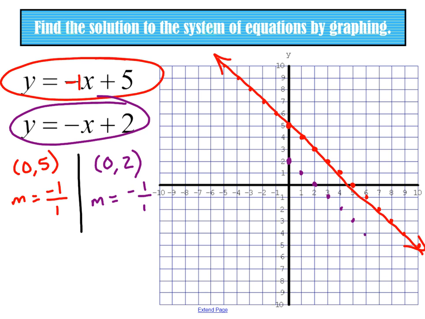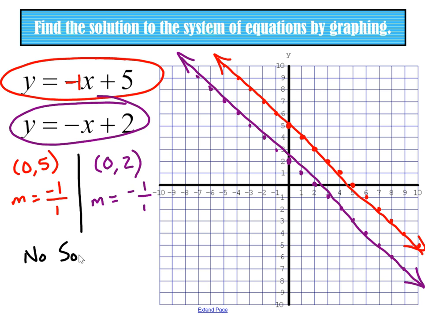And some of you might be seeing what is about to happen here. What we have is two lines that have the same slope, so that means they never cross, so we would say that there are no solutions.